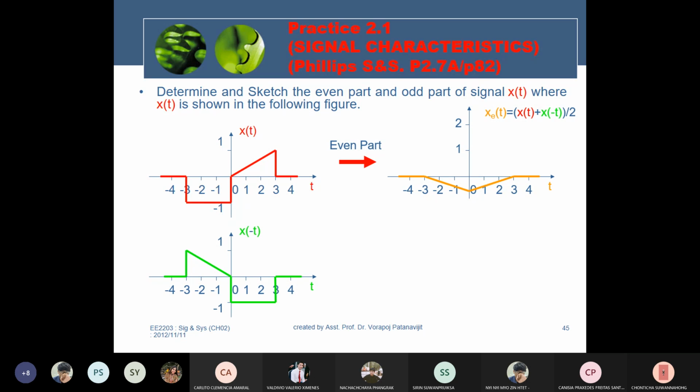And don't forget to scale it by half, right? Scale by half. 0, scale by half, gives you 0. Minus 1, scale by half, gives you minus 0.5. The red part is here.